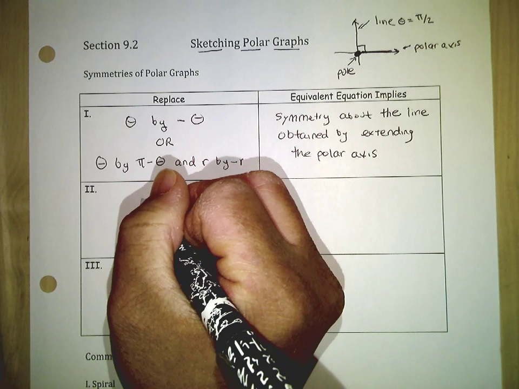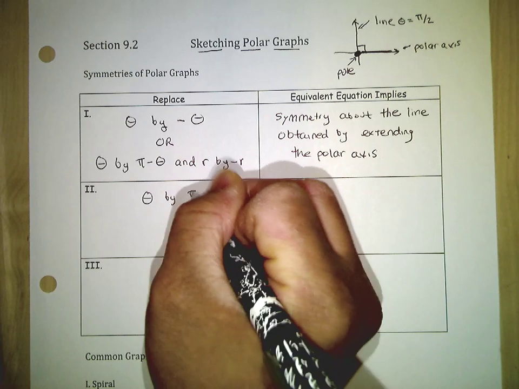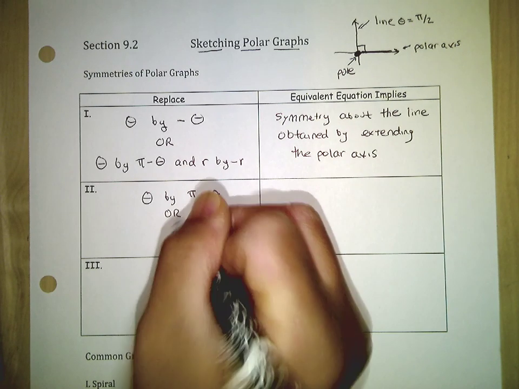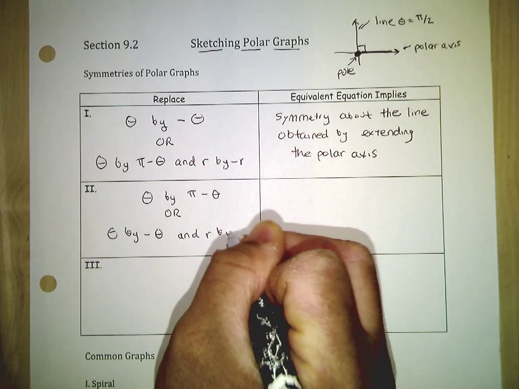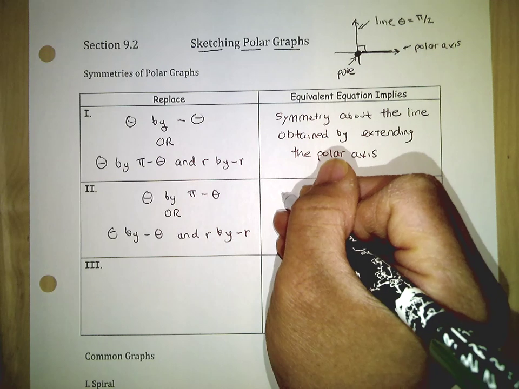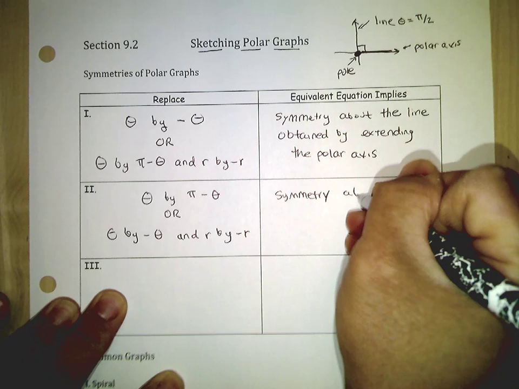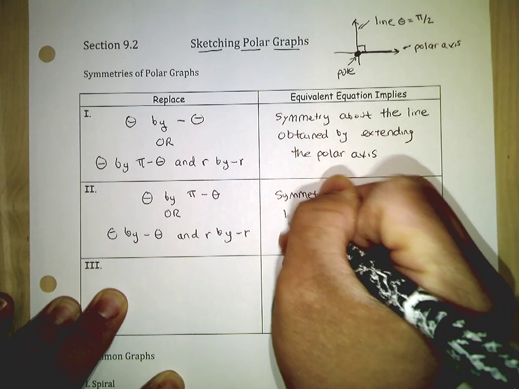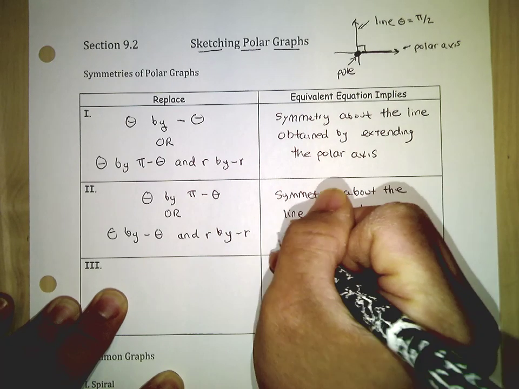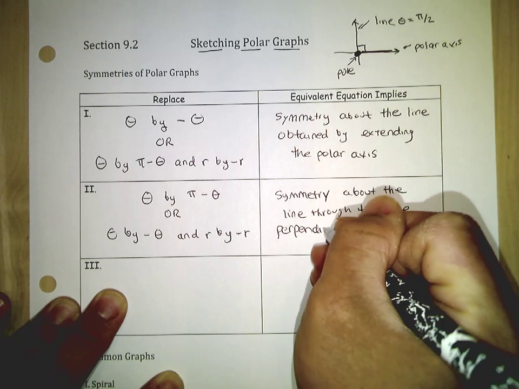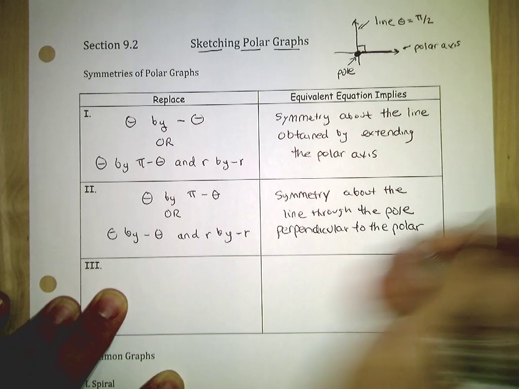So for the second scenario here, if we replace theta by pi minus theta, or theta by the opposite of theta, and r by the opposite of r, then the equivalent equation implies symmetry about the line through the pole perpendicular to the polar axis.